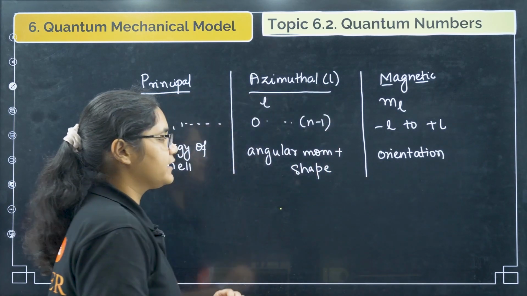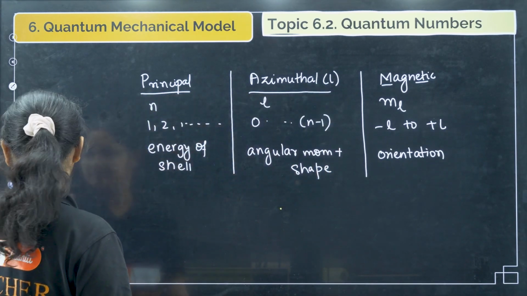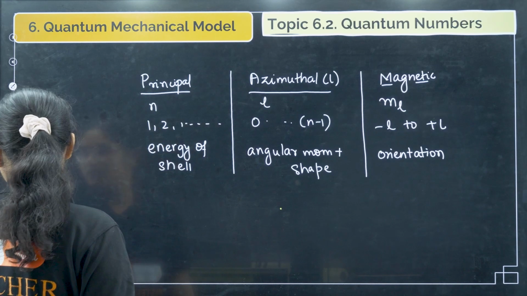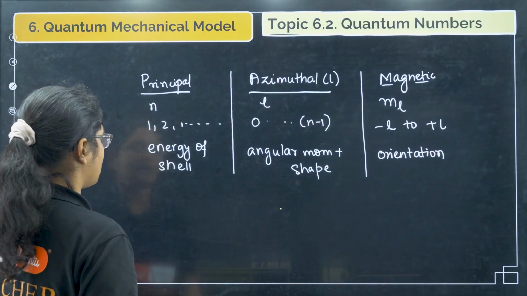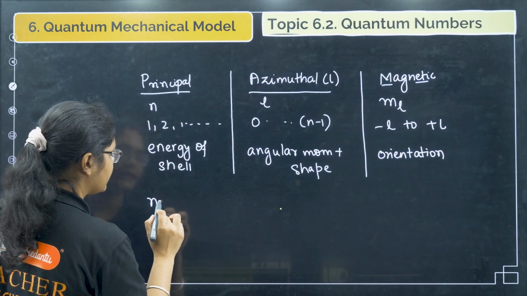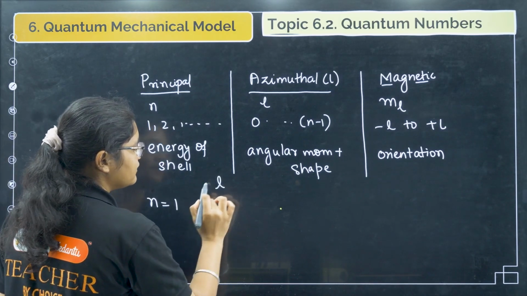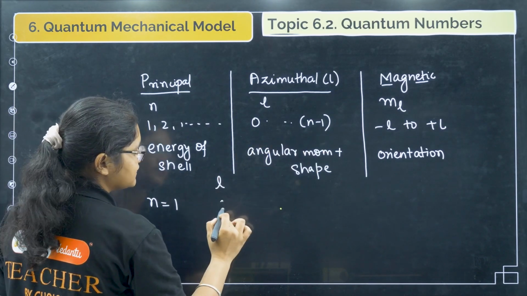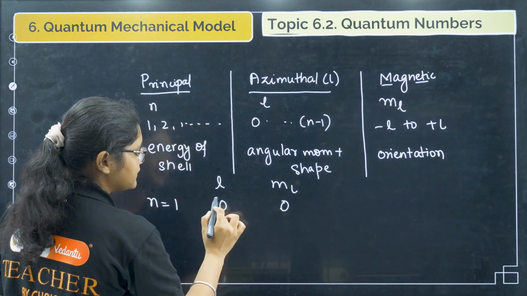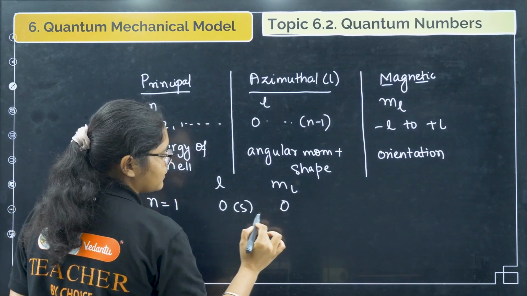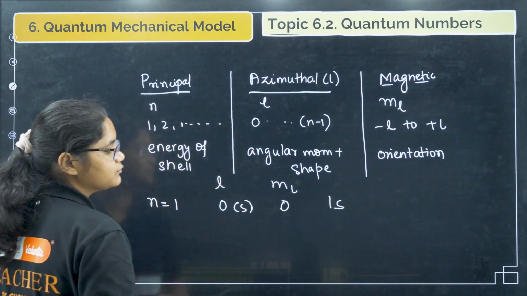Clear? Now we'll take an example and understand this. For example, I have n equal to 1. For that, l will be what? 1 minus 1, 0. The ml value will be 0, and if the l value is 0 it is denoted as s, so I will denote it as 1s.